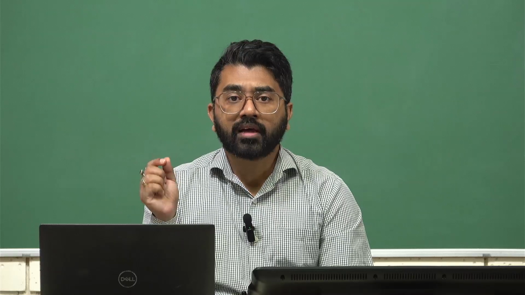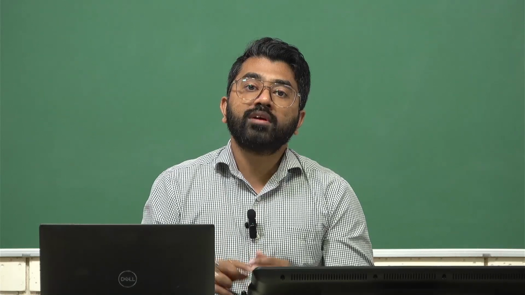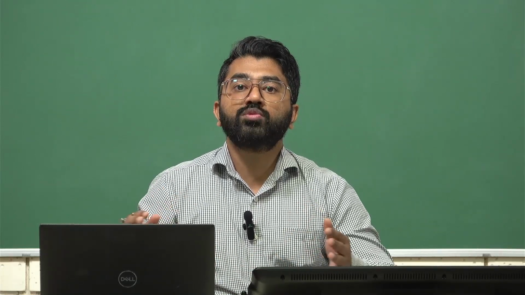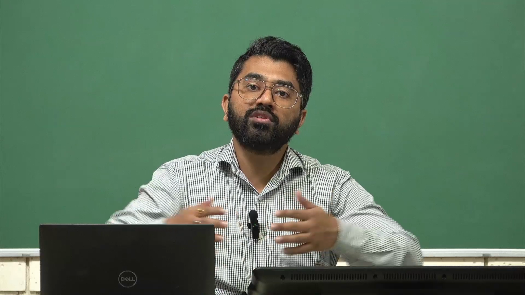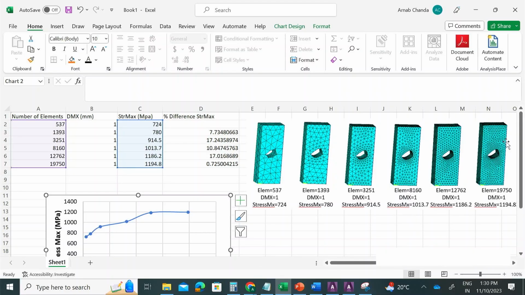We apply sizing controls to make sure the increase is proper and the mesh is still not very coarse. It is getting finer and much more uniform in terms of transition of the elements. We do not need a big element followed by a smaller element. If you forget to click a sizing control for one edge, it's going to produce a big element, and that will cause your results to again be inaccurate. So you need a nice transition of the mesh, which we have been able to achieve here.